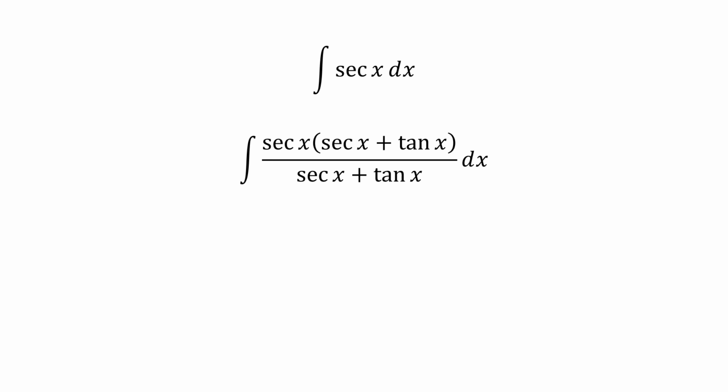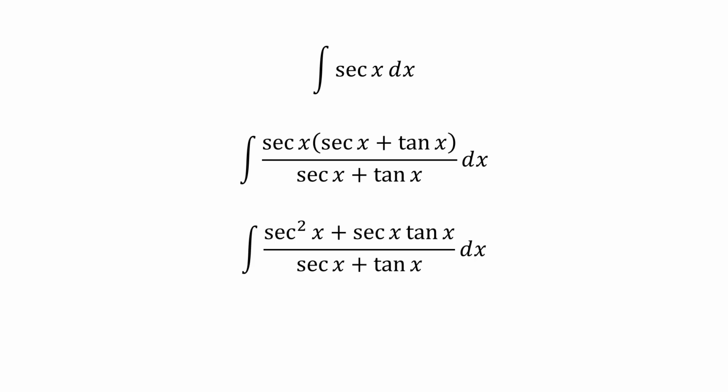Distributing the secant in the numerator then gives us the integral of secant squared of x plus secant of x tangent of x all over secant of x plus tangent of x dx.